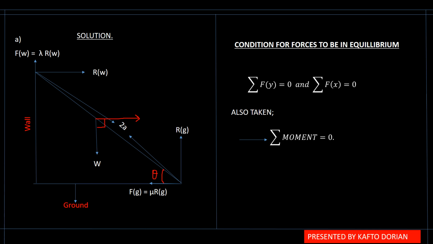And we know that the distance from the weight going downward is a. So the distance from the weight to the ground is simply a.